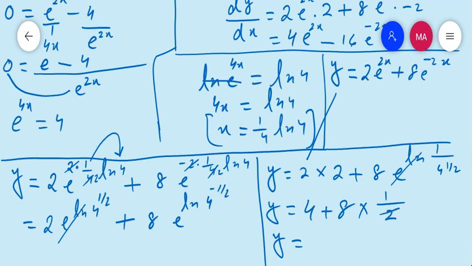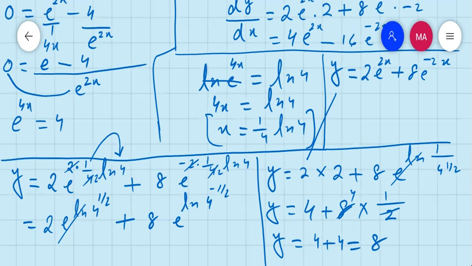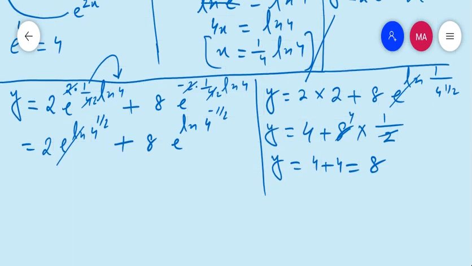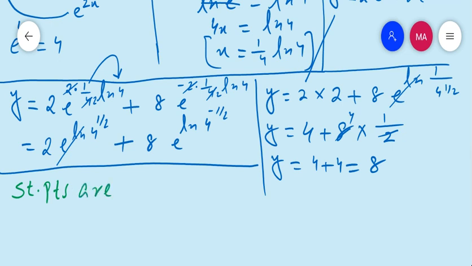So y is equal to 4 plus 4, which is 8. Hence the stationary point we have found is x equal to 1 upon 4 ln 4, and the value of y is 8.